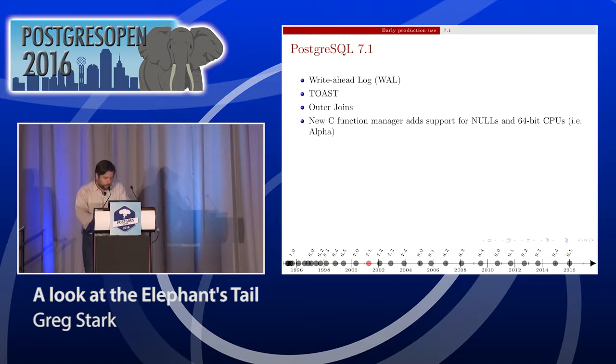This last thing, by the way, wasn't a major watershed feature at the time, but in retrospect, it's very important because this is how far back I was able to test old versions of Postgres and benchmark them. Prior to this last point, Postgres didn't support 64-bit architectures. So at the time, that just meant Alpha.